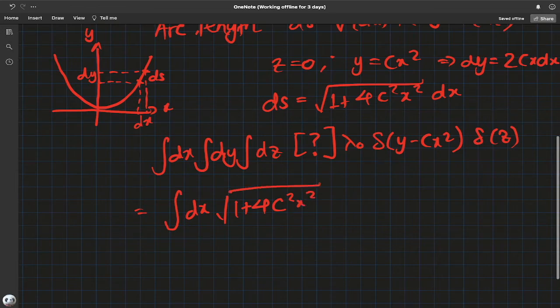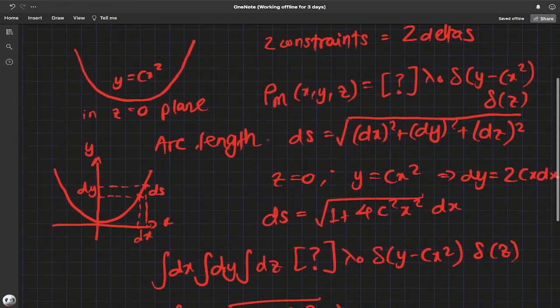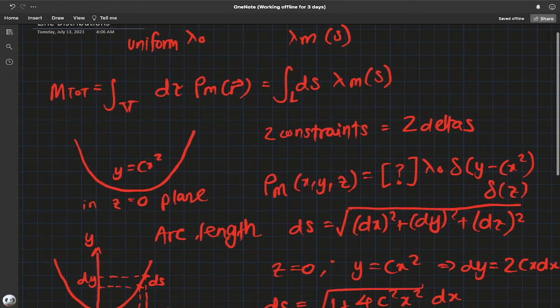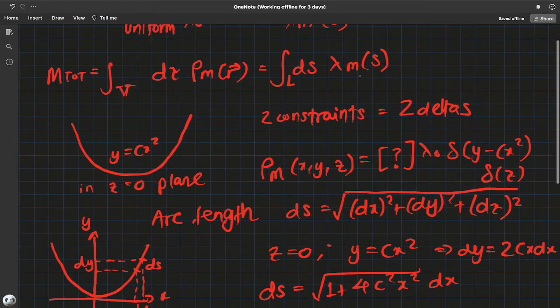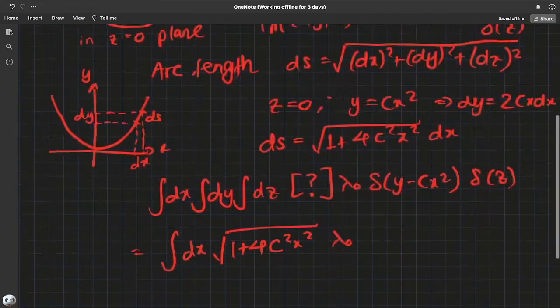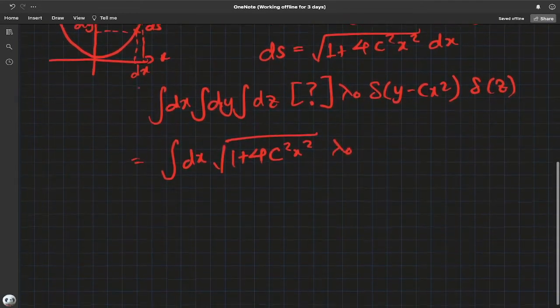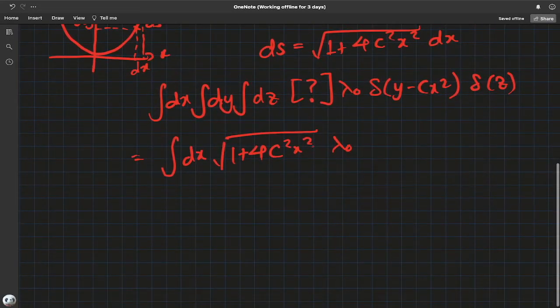This is the line integral part of it, because you parameterize this curve as a ds. Look at the top, ds and this linear mass density. So that ds is precisely this. We just parameterized this curve and made it an integral with respect to x.